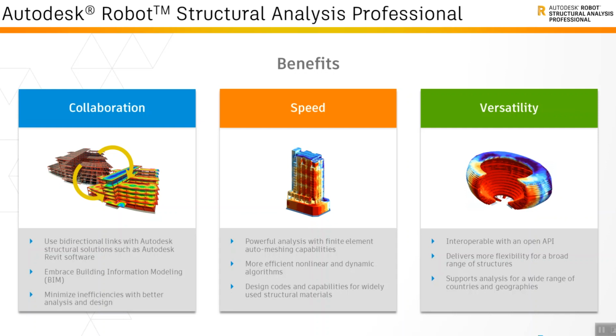So we can adopt BIM technology here by using these tools. By using these collaborative options, we can minimize inefficiencies with better analysis and design, so that we will not be leading to any errors.